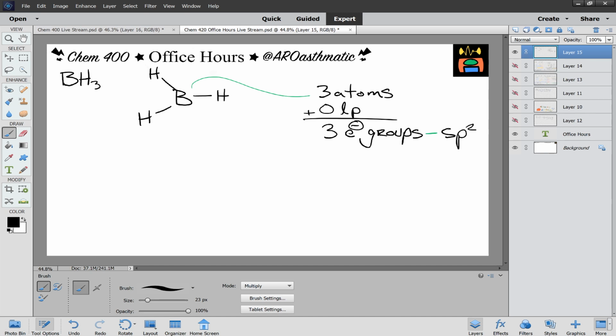So boron in this molecule is sp2 hybridized. But as you can see, there are no pi bonds here.